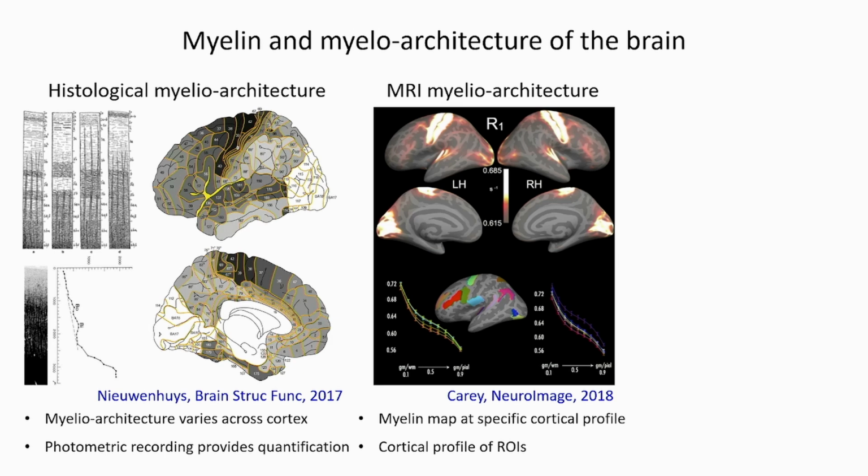So the idea of this myeloarchitecture in vivo human MRI is really translating this histological myeloarchitecture into MR myeloarchitecture so that you can have subject-wise myeloarchitecture maps that may have a lot of information that are hidden inside of the brain.